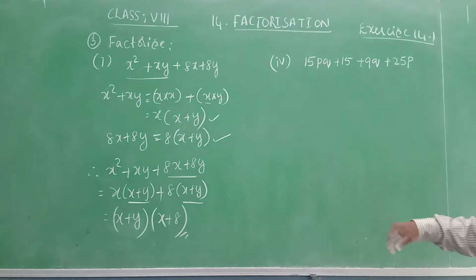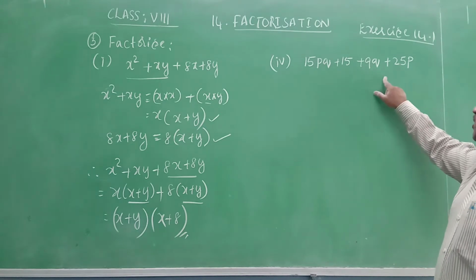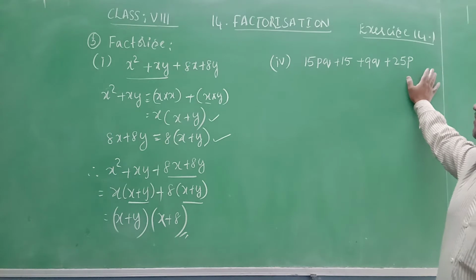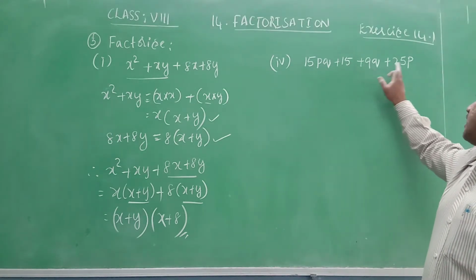Now the fourth question: 15pq plus 15 plus 9q plus 25. Do you find any common factor for all the four terms? No, we will not find one. 15, 15, 9 and 25.